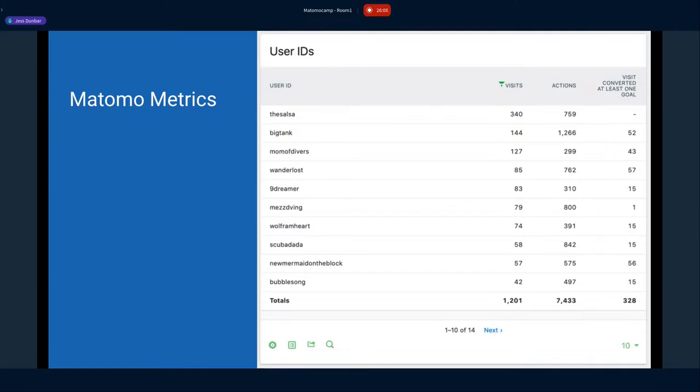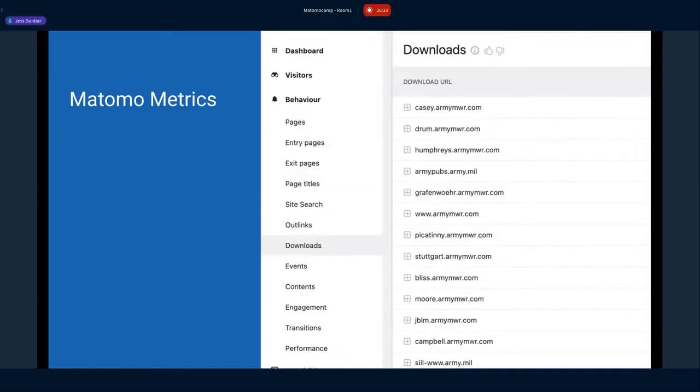This report gives you a really nice table and listing of all the registered users that have engaged with your website during the time frame that you choose. So it includes details such as the number of visits, the number of actions performed by each user, and also indicates whether the user has achieved at least one goal conversion. So this is a really cool report that you can add to your intranets as well.